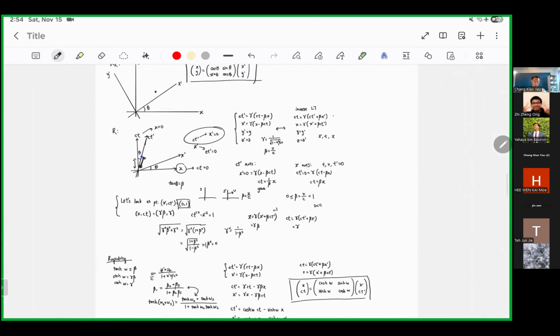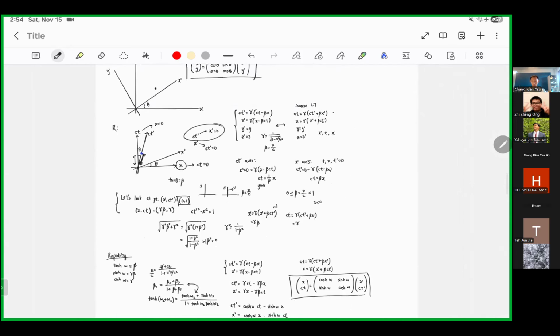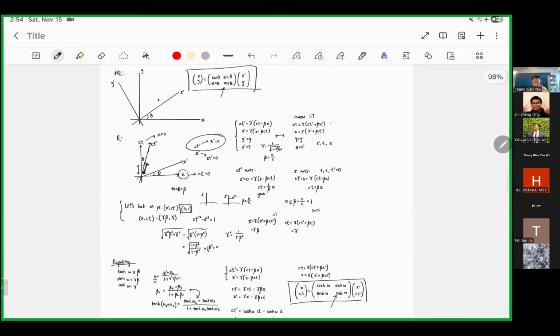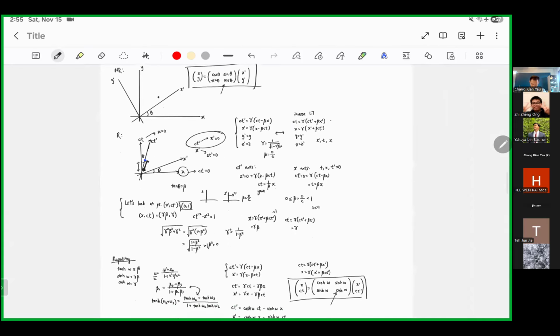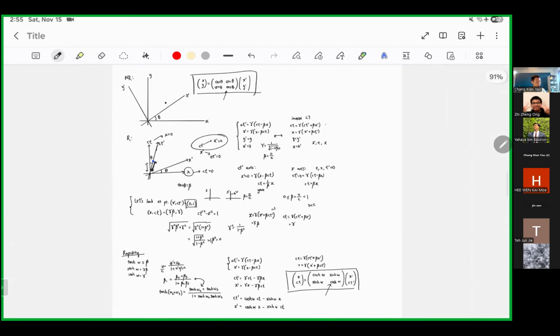Because we're not working with Euclidean space, we're not using the usual trigonometric identities, but instead hyperbolic trigonometric identities suit it more. That's why it's like a rotation, but a rotation in 4D space. I think that's it for the lecture today. That's all that I want to talk about.